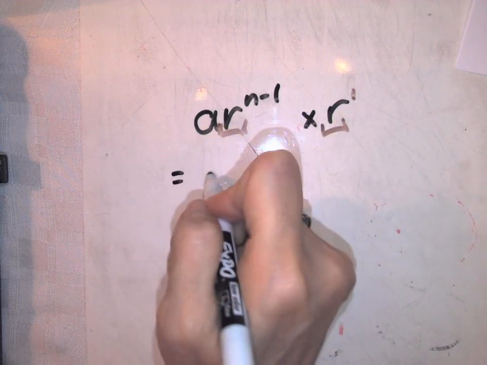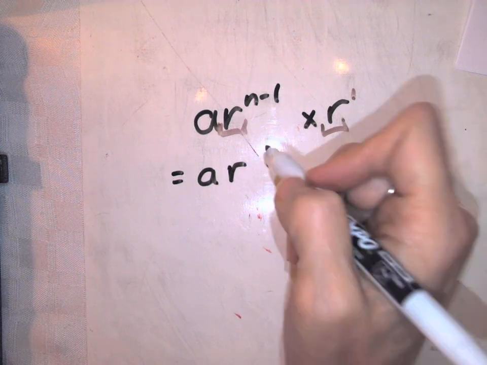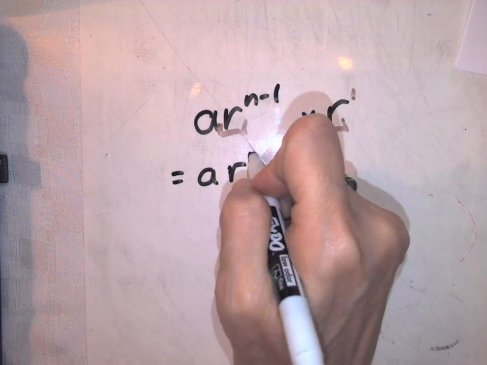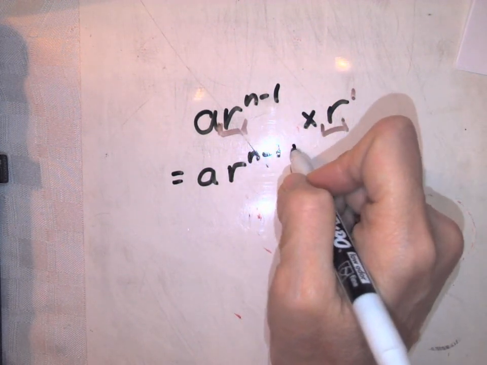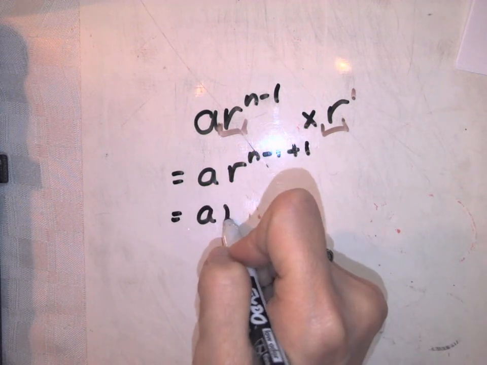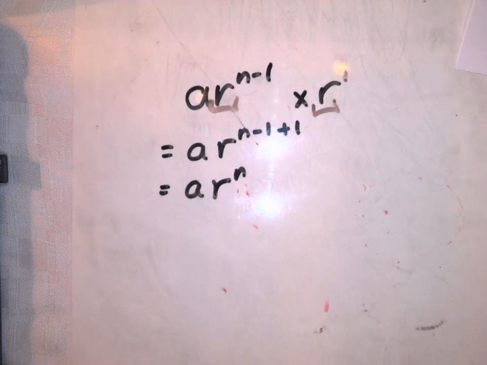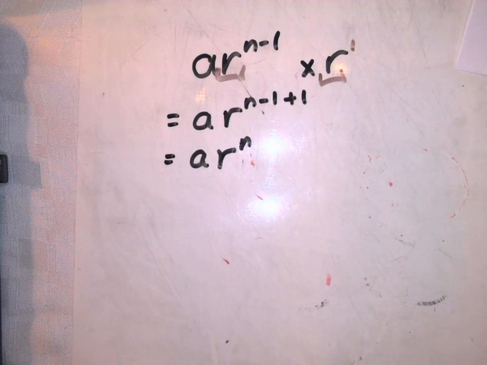So I keep the A, and then when you multiply powers with the same base, you keep the base, R, and then you add the exponents. So it would be n minus 1 plus 1. And then that just gives me A times R to the power of n, because negative 1 plus 1 is 0. Sorry, make sure you can see that.